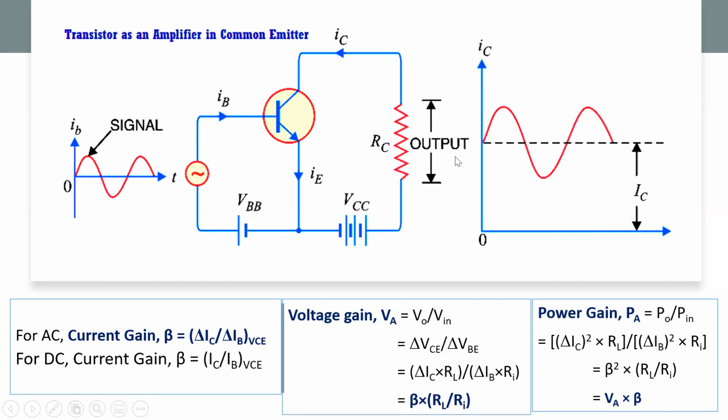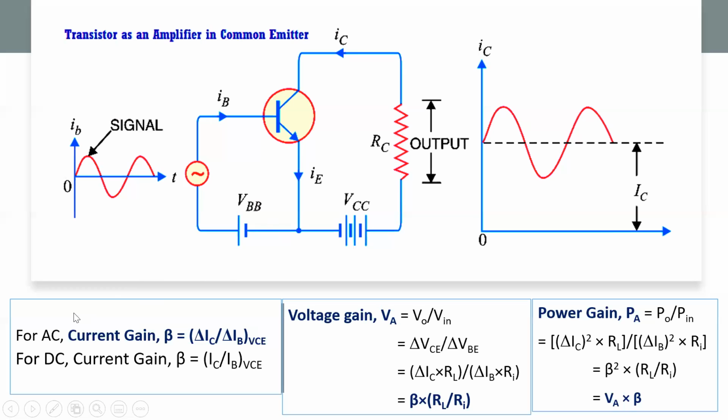Okay. So the output will be amplified. Amplified means the maximum value of the current will be increased in both directions. Let us see how it will be amplified. So when the input is given, the output is gain. We can call it gain because there is an increase in current.